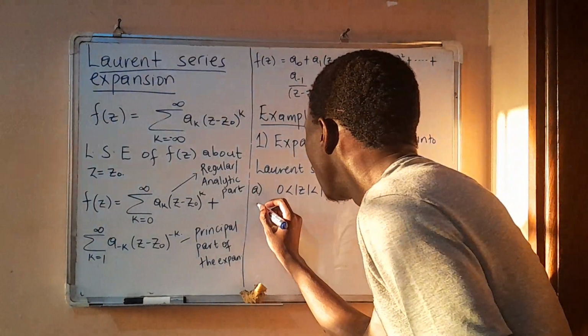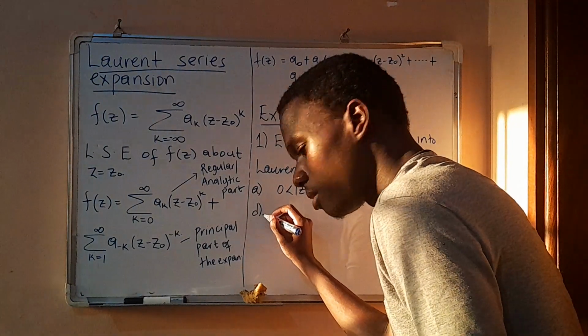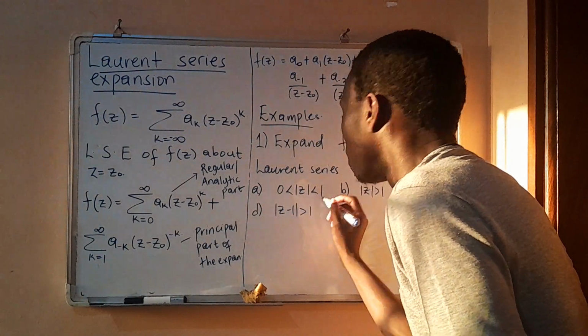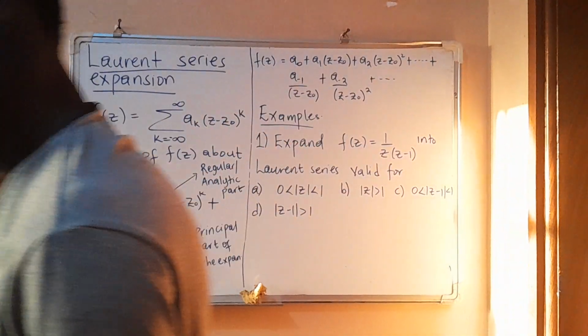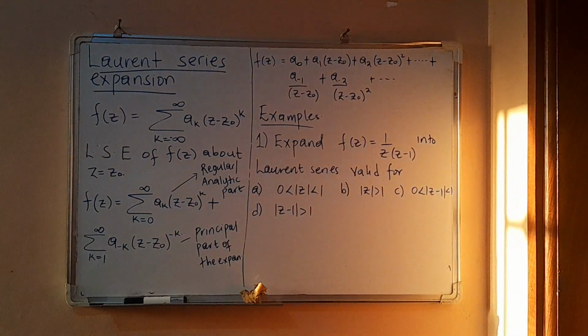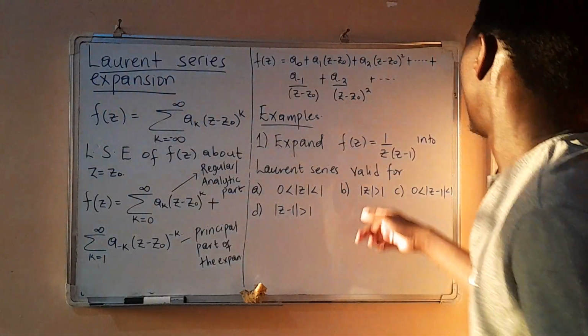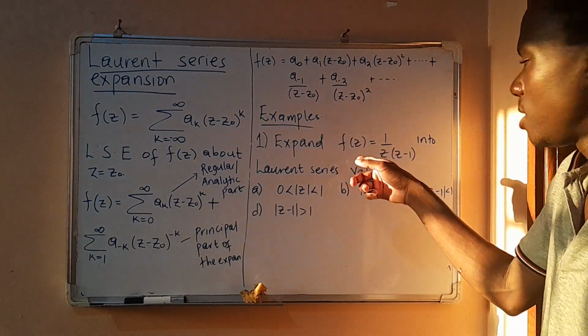Then D, we have absolute z minus 1 greater than 1. We have those examples.